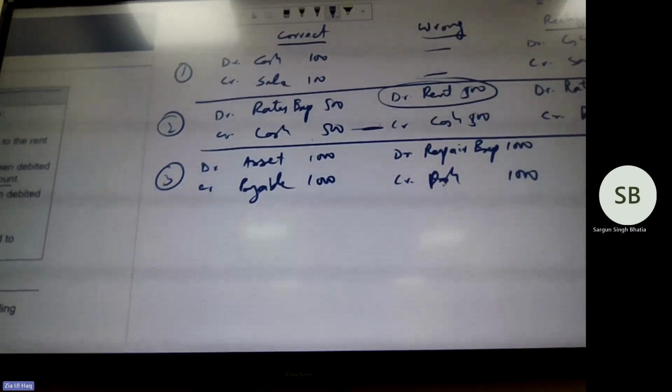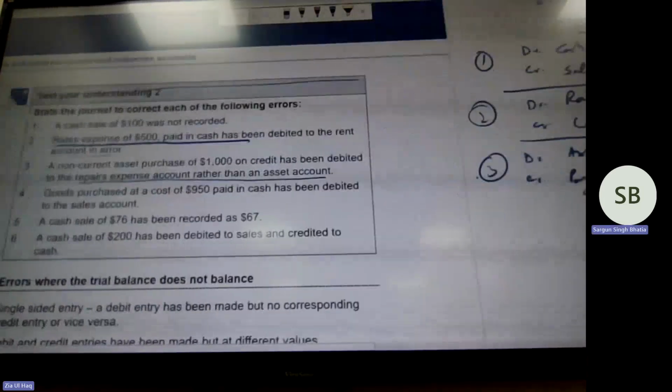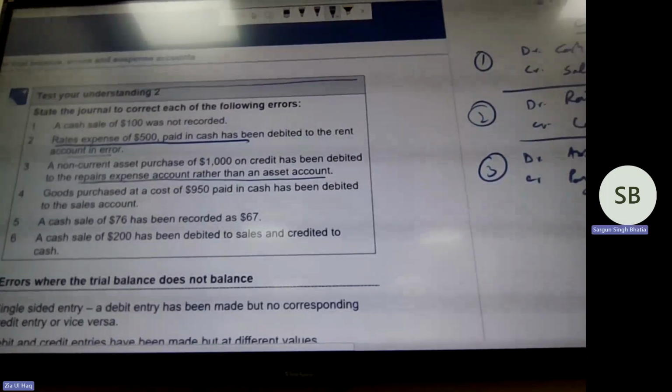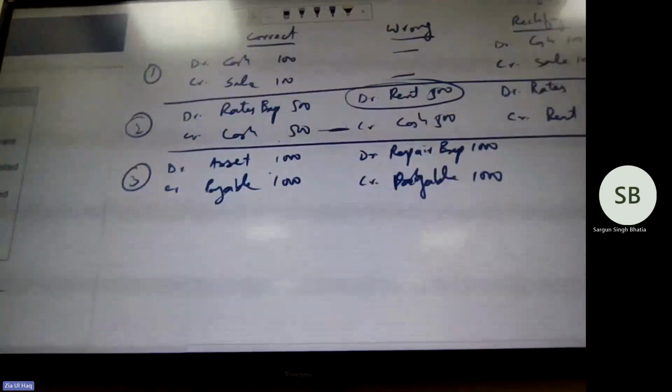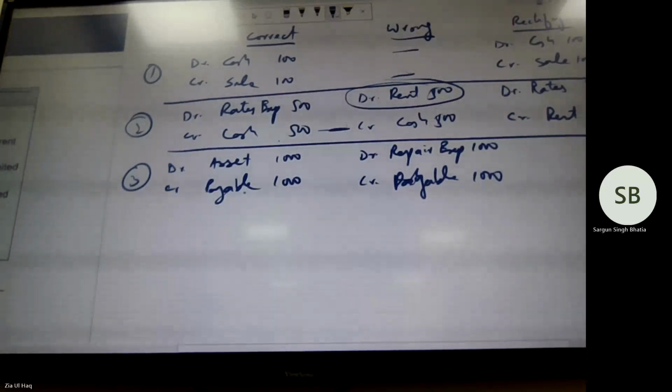It is saying about one account only. Payable is credit in both cases, so payable is correctly recorded.